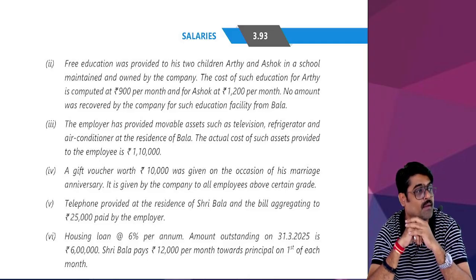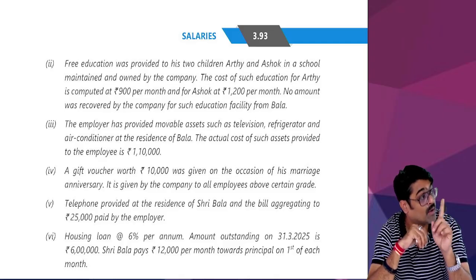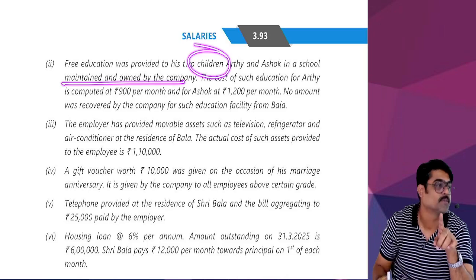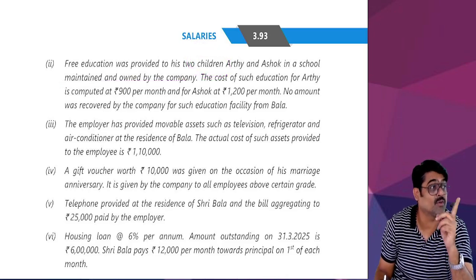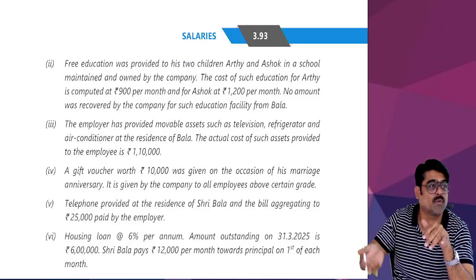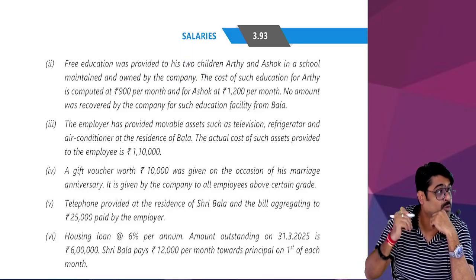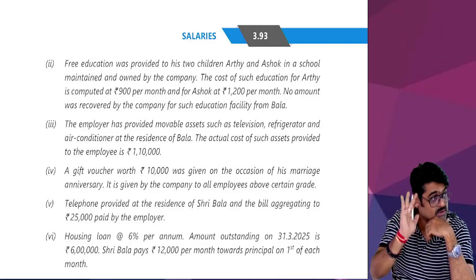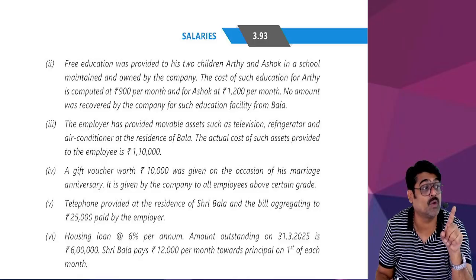Why? Because 1,000 rupees exemption is available only if the education facility is provided to the children of the employee in such type of school. Yes or no? But what if the education is provided to any other household member in such school? Then whatever reasonable cost of education is there, that entire amount will be fully taxable.